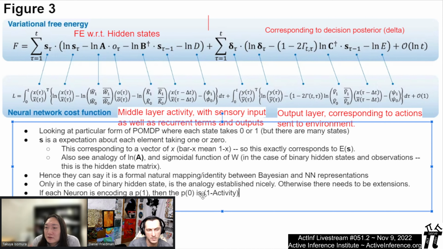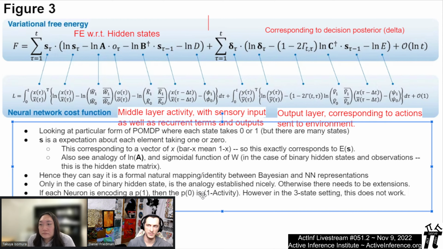But once we consider the three-state hidden state problem, this doesn't work. We need to consider at least 2 variables, but its relation to neural network expression is not very clear in general. That's very interesting, why it would be so strong a concordance in the binary case, but immediately unclear for other distributions.